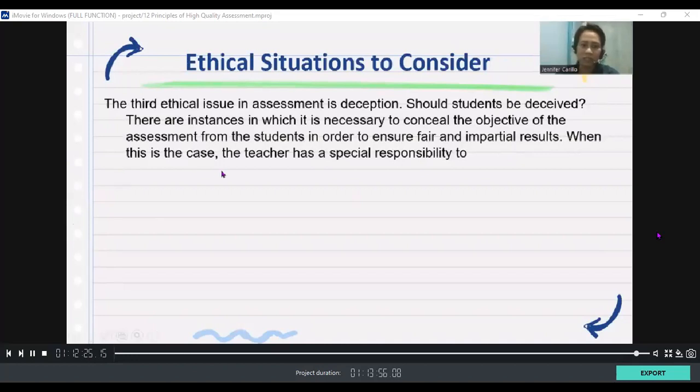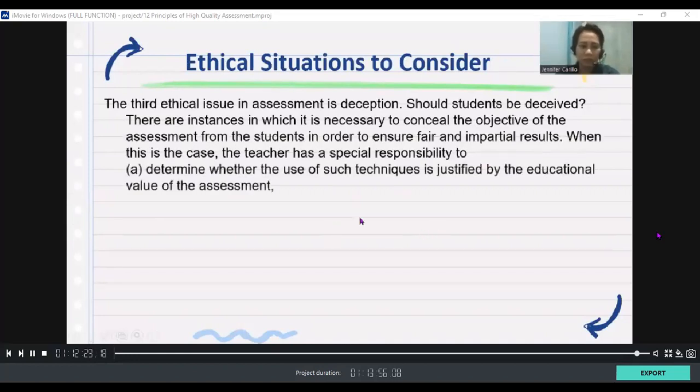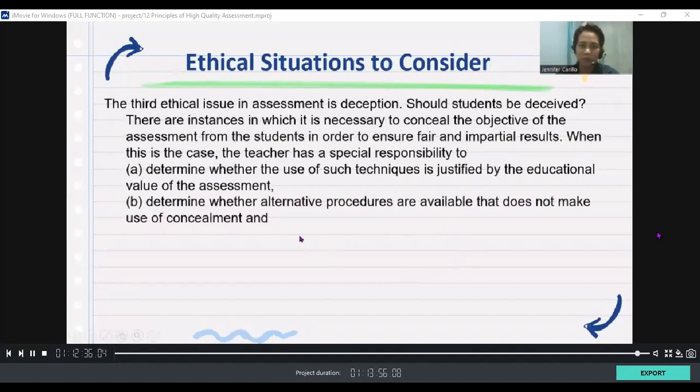In this case, the teacher has a special responsibility to determine whether the use of such techniques is justified by the educational value of the assessment, and to determine whether alternative procedures are available that do not make use of concealment.